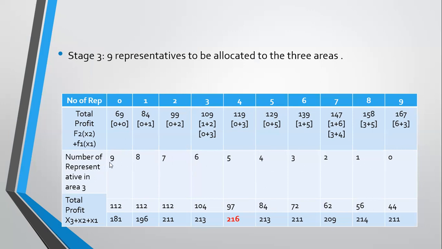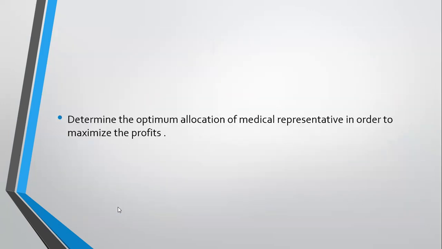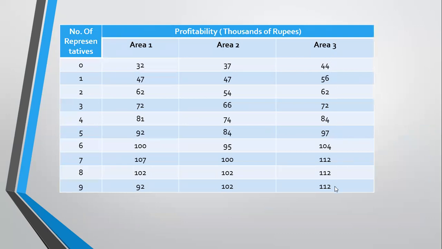9, 8, 7, 6, 5, 4, 3, 2, 1, 0. From the initial table for area 3, these are the profit cost details which are given. So start from the reverse order, maximum to lowest number.